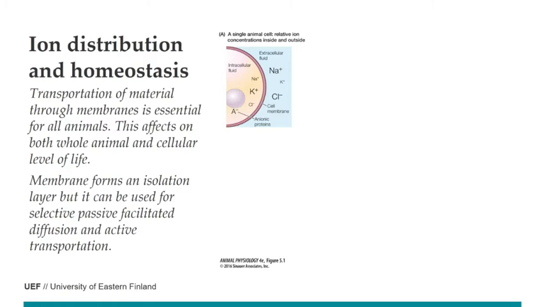But it also can be used for selective passive facilitated diffusion. So if there is a pore for sodium but not for potassium, then it's permeable for the sodium ions. But then we can also use it for transporting some other material together with these ions.